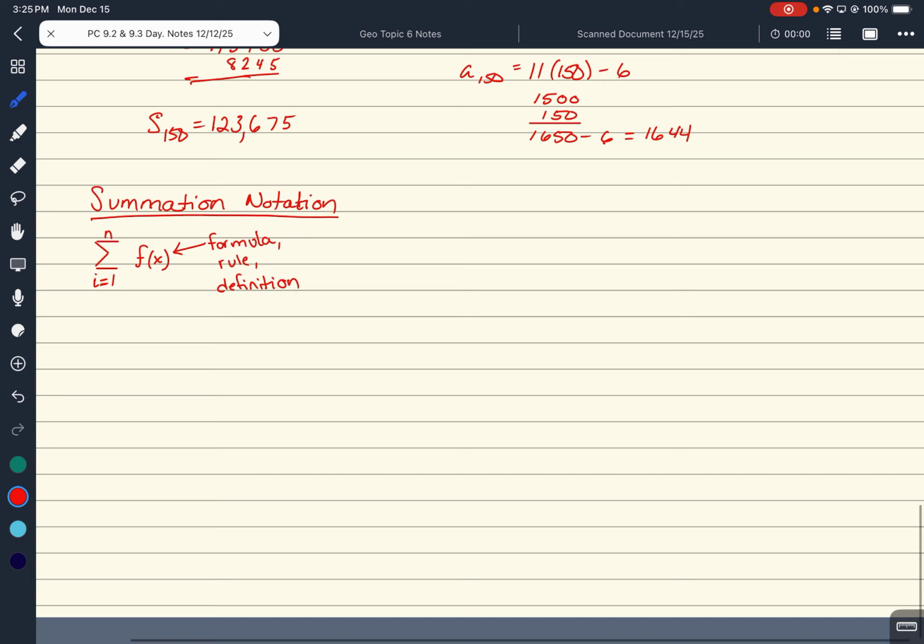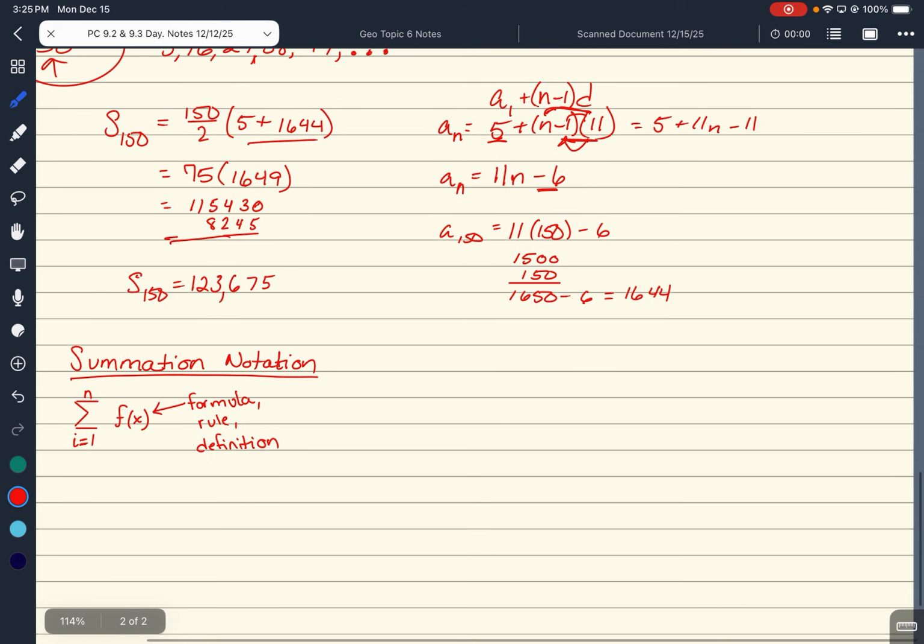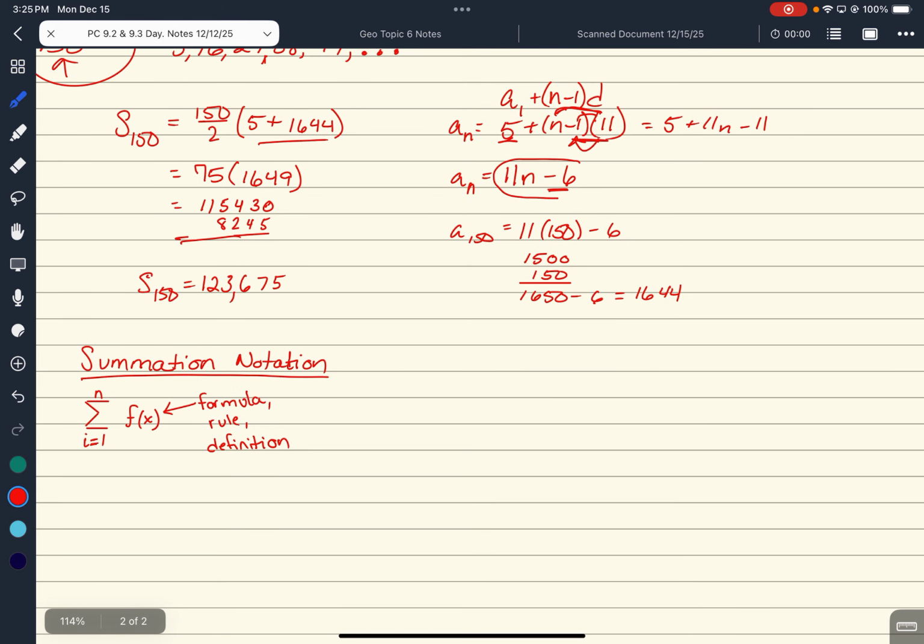Got it? The formula we found right here would go right there. That's that f of x. What this is saying is, sigma means sum. What's under the sigma? i equals 1.